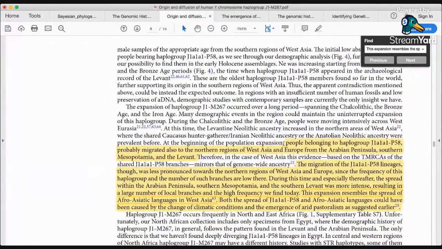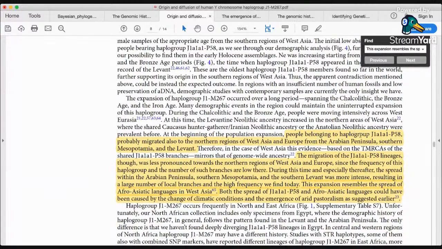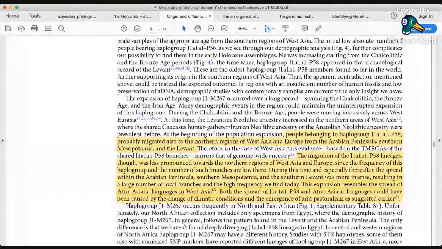At the beginning of the population expansion, people belonging to haplogroup J1 A1 dash page 58 probably migrated also to the northern regions of West Asia and Europe from the Arabian Peninsula, southern Mesopotamia, and Levant. Therefore, in the case of West Asia, this evidence based on the TMRCAs of the shared J1 A1 dash page 58 branches mirrors that of genome-wide ancestry.